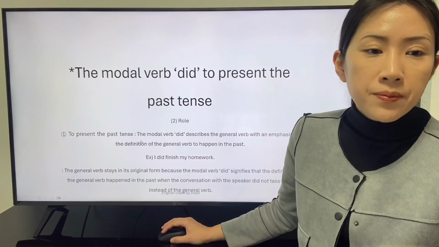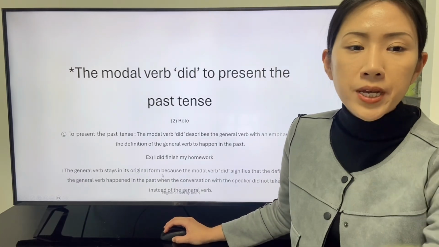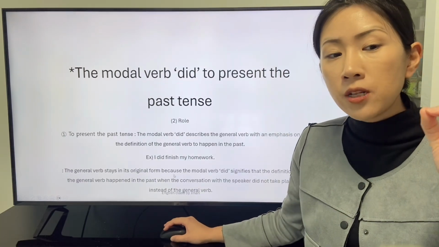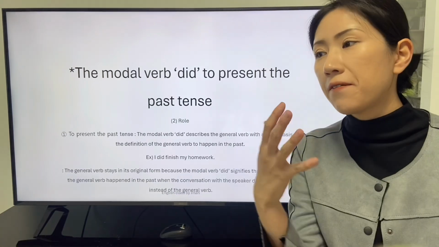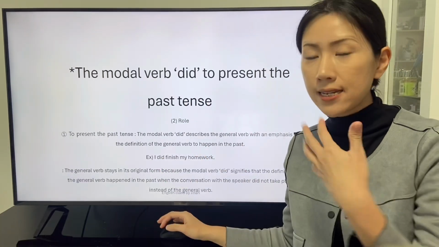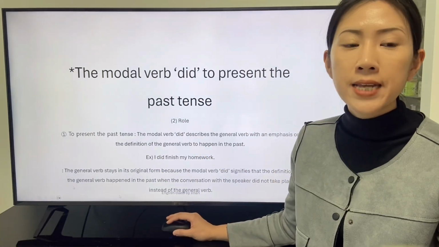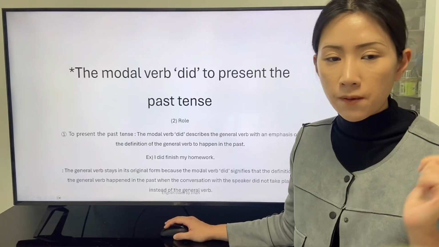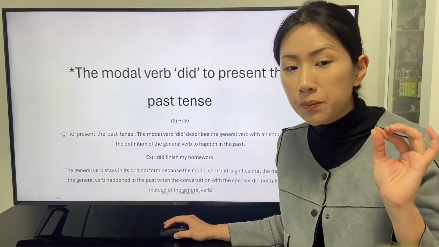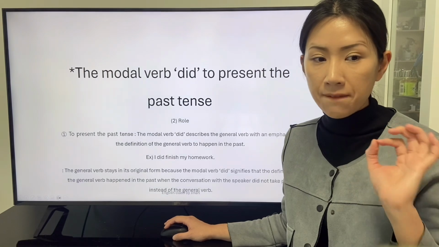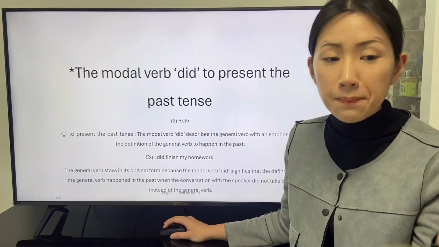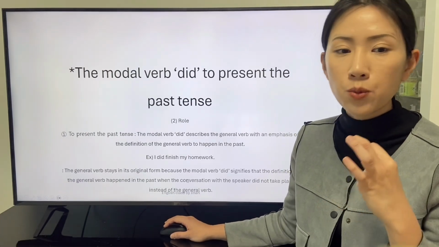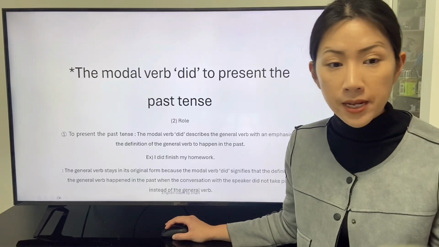The general verb stays in its original form because the original form means the form of the verb in the present tense. The general verb stays in its original form because the modal verb did signifies that the definition of the general verb happened in the past when the conversation with the speaker did not take place.